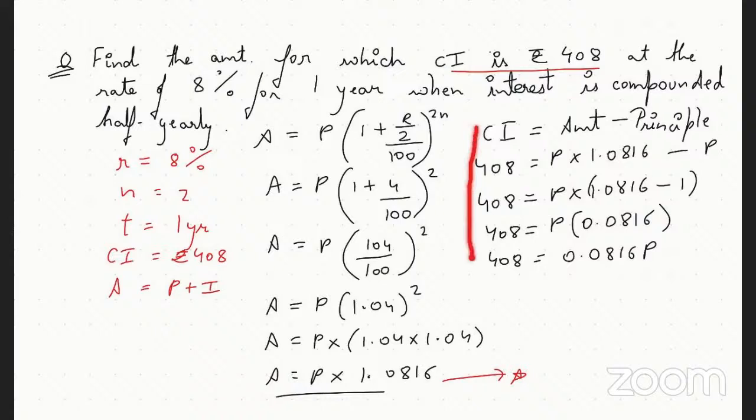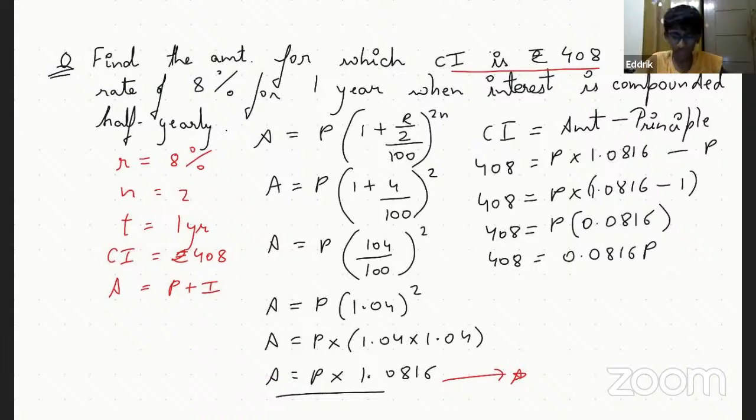The CI part? Okay, I'll explain the CI part to you. See, the formula that we use for compound. Yes, Cedric. Ma'am, is the principal 5,000 rupees? Yes, that's right. Principal is 5,000 and the amount is 5,408. Yes, that's right.